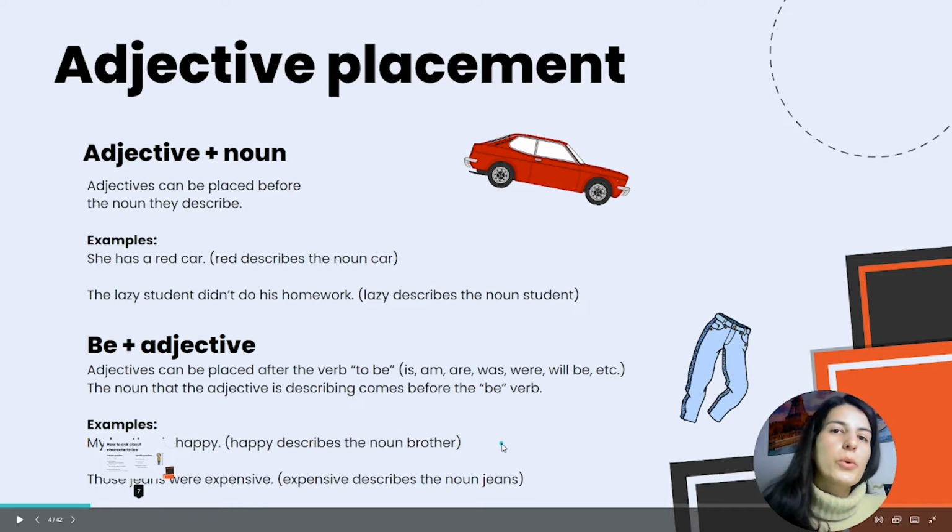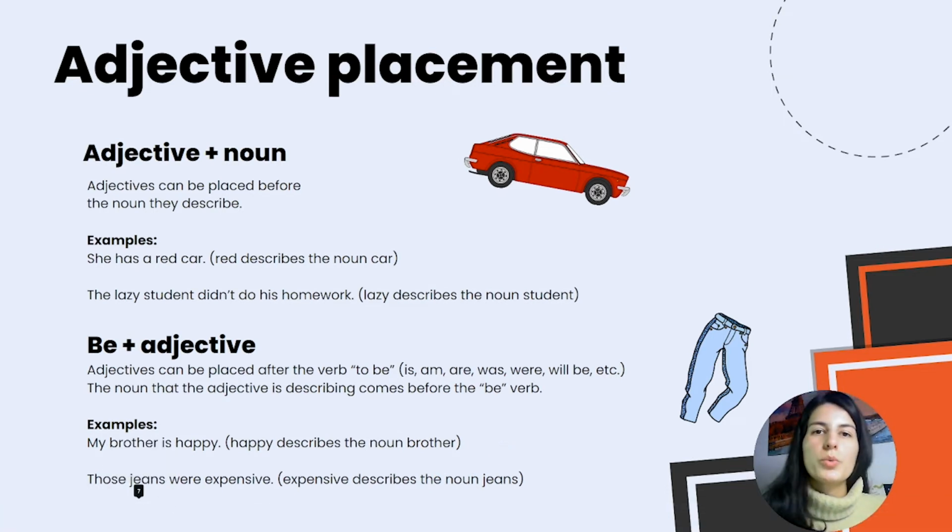Depending on how you organize the sentence, you will have the adjectives appear before the noun or simply after the verb to be. Okay? So remember to be mindful of the verb to be organizing the sentence or another verb organizing the sentence.